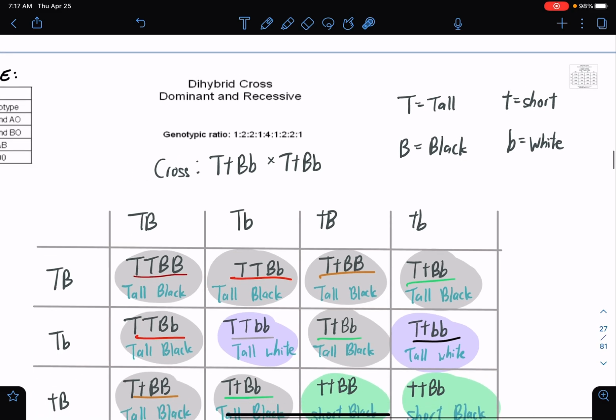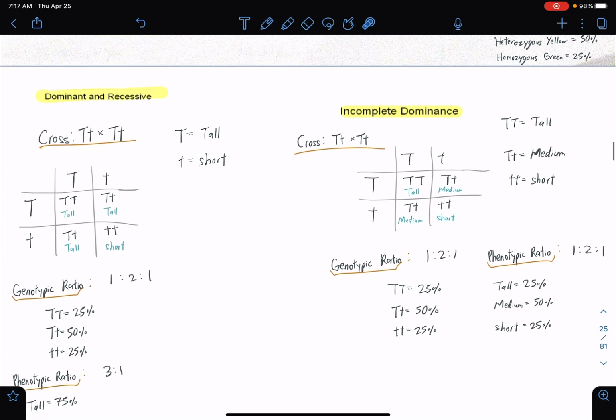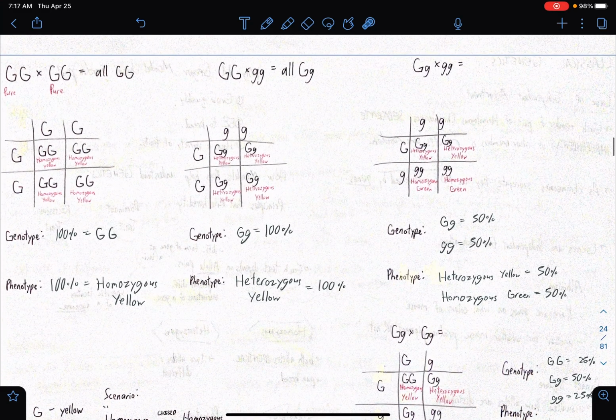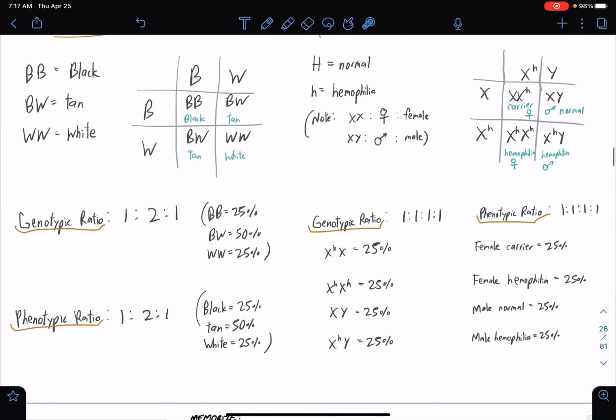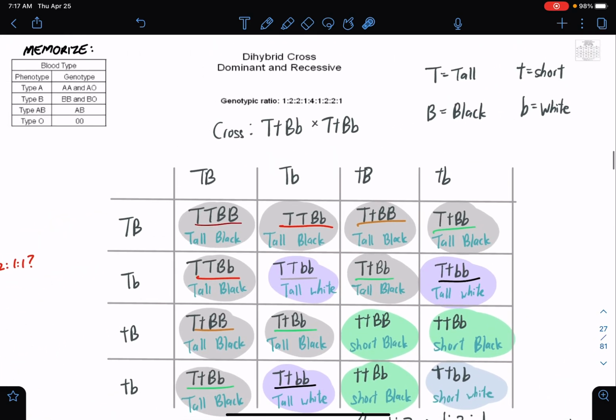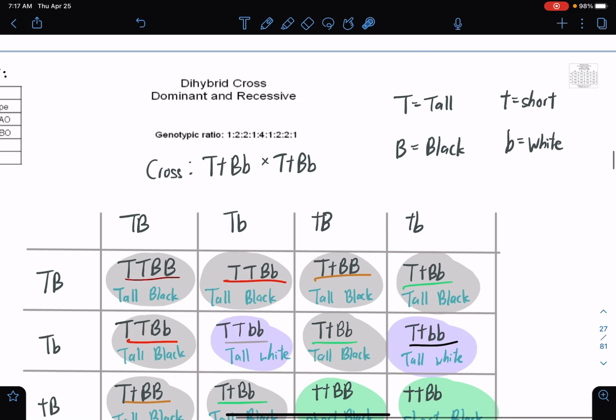Okay, let's go here. So a dihybrid cross is basically a lot bigger compared to what we've been dealing with in the past minutes. In the past minutes, we dealt with a monohybrid cross. But right now, it's a dihybrid cross. It's a bigger Punnett square. And instead of having two traits, we have four.